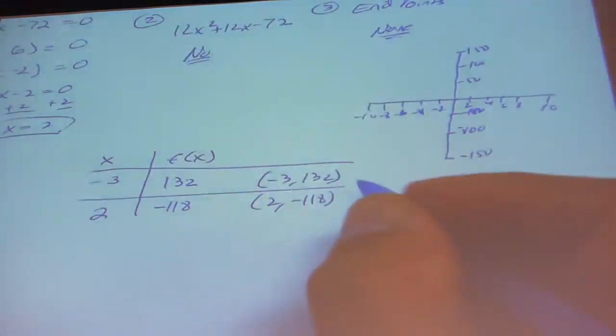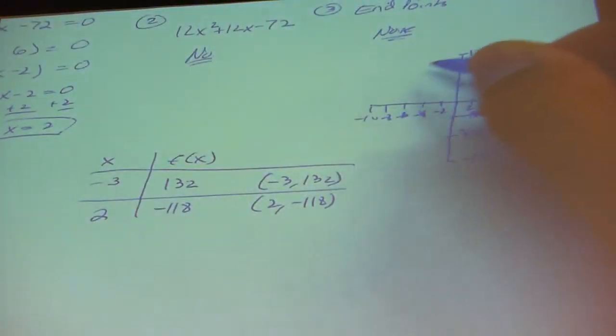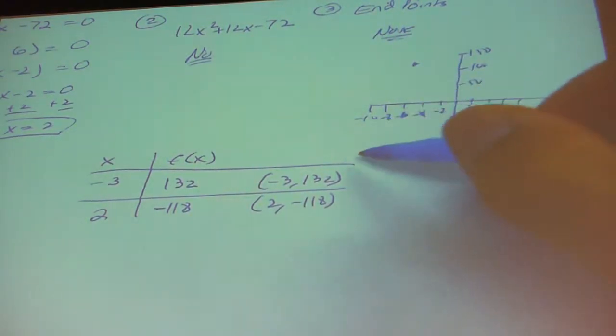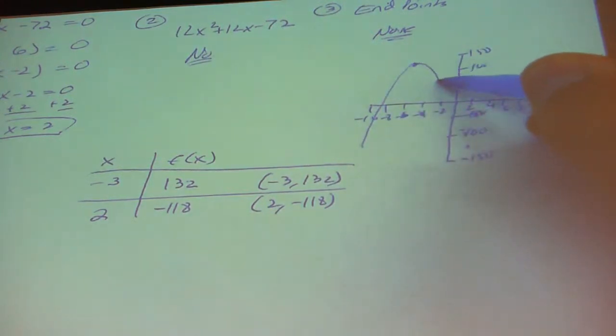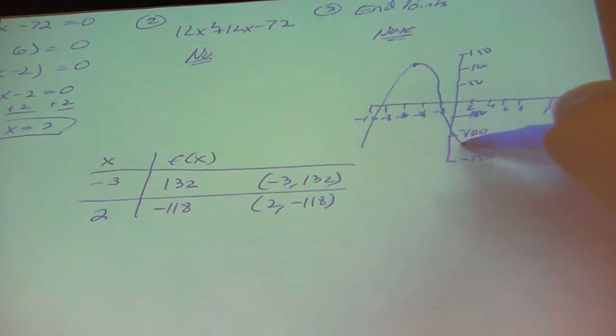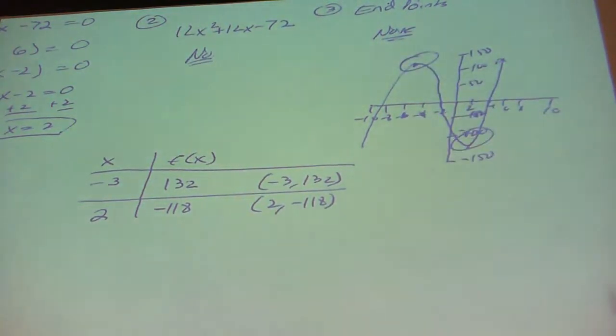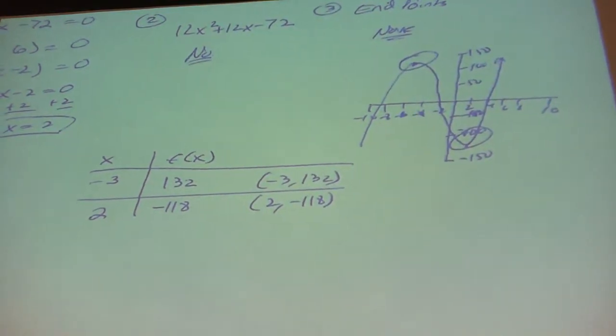So looking at the original graph, negative 3, 132, and 2, negative 118, you can see we have a local max, and we have a local min. Okay, that's by graphing the original.